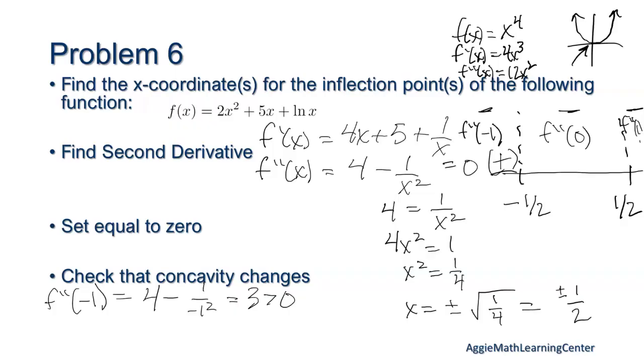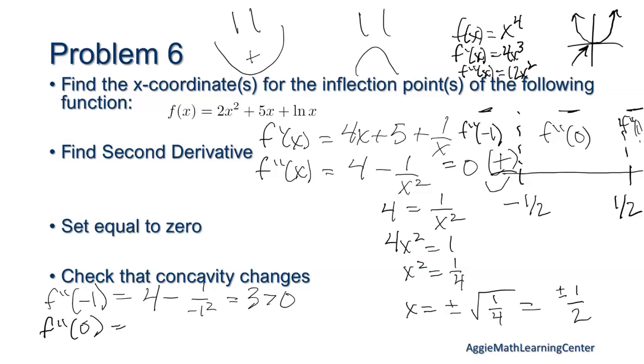I just think if my second derivative is positive, then I have a positive smiley face. This guy's happy. If my second derivative is negative, it's a frowny face, which is concave down. So positive, so we're concave up in this interval.